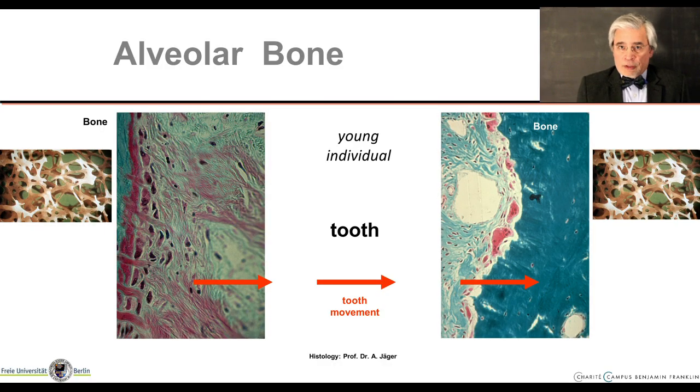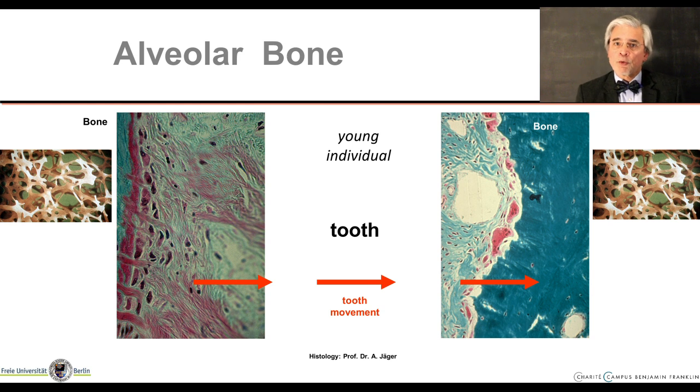So now here are the histological sections of the traction zone on the left and the compression zone on the right. This is the condition in a young person. In the left image you can see very nicely the osteoblasts, the freshly formed bone, all in red, and the fibroblasts, the fibers, all very numerous in the young person.